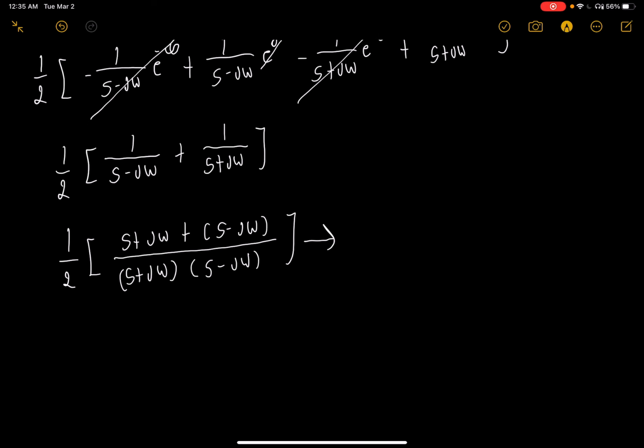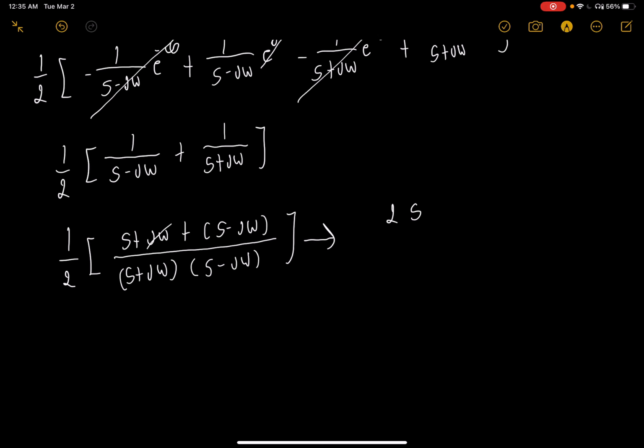So this is going to turn into 2s, as the j omega terms are going to cancel. Actually, let me write this a little bit clearer. 2s up top.